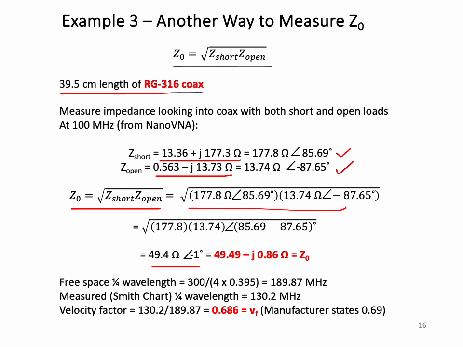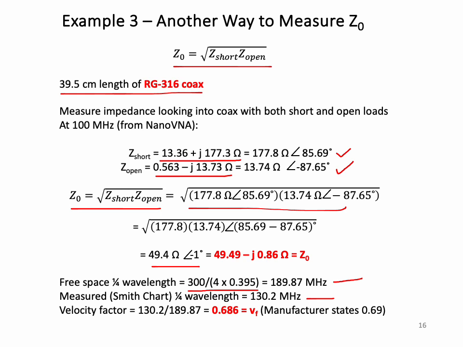We also found in the Smith chart that a quarter wavelength occurred at a frequency of 130.2 megahertz for this piece of coax. So that's what we measured using the same techniques we did before. But the free space calculation would have given us 189.87. Again, 300 divided by 4, which is a quarter wavelength, divided by the length of the coax in meters, which is 0.395.